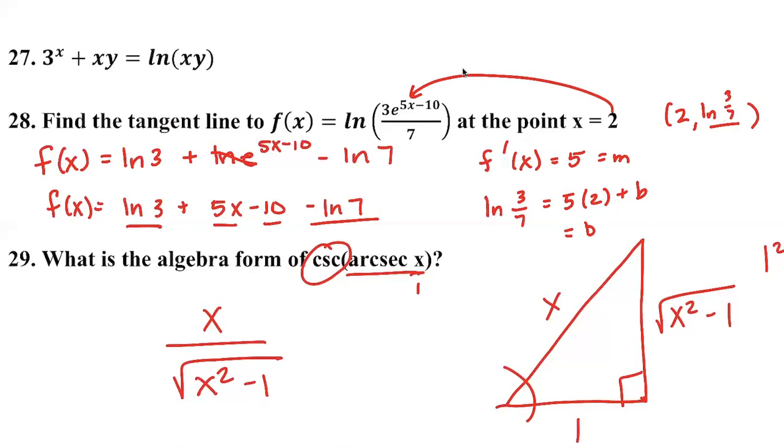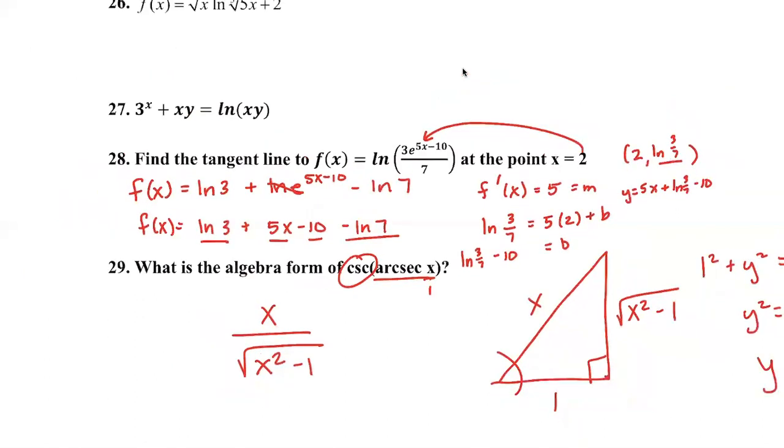So when you solve for b, you would have the ln of 3/7 minus 10. So it doesn't come out very pretty, but your equation then would be y equals 5x plus the ln of 3/7 minus 10.